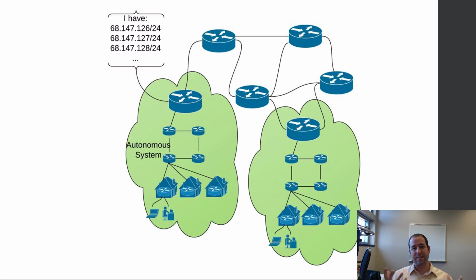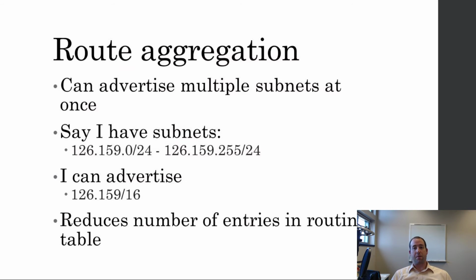And the biggest thing that makes the border gateway protocol work is called route aggregation. And the way route aggregation works, typically in your routing table, you've got your subnet, right? You've got a network address, and you tell people how to get there. Well, route aggregation lets you slam together a whole bunch of networks into a single advertisement.